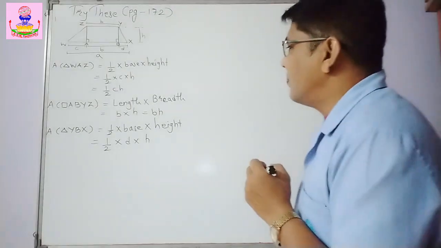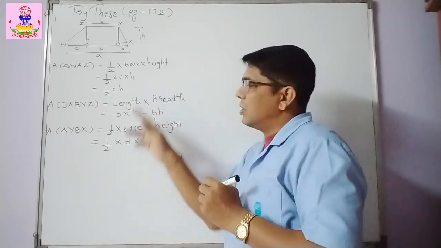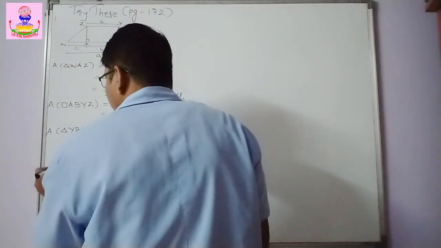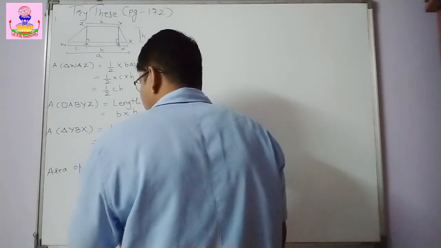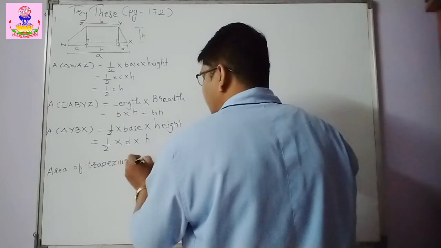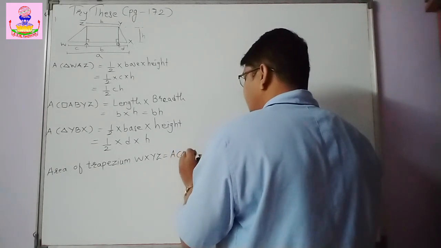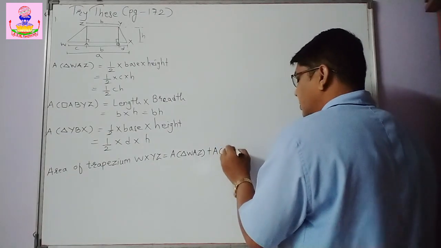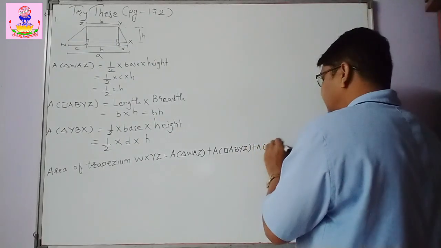Now, here what we are going to do, this total area is equivalent to area of this trapezium. So area of trapezium WXYZ is equivalent to area of triangle WAZ plus area of rectangle ABYZ plus area of triangle YBX.